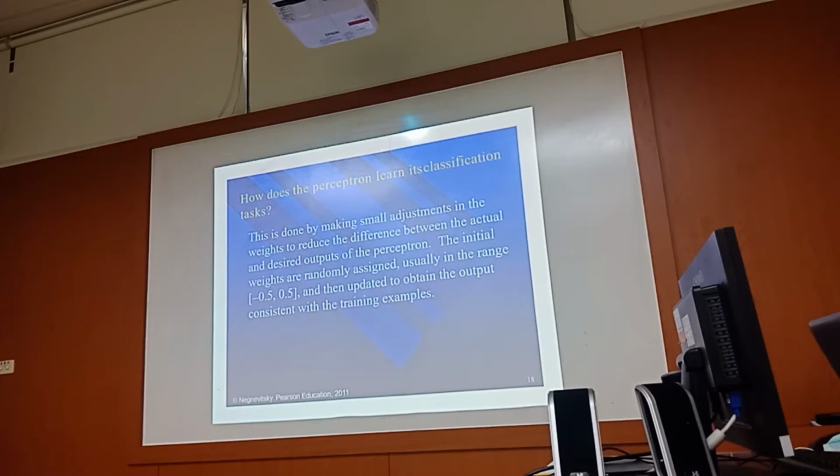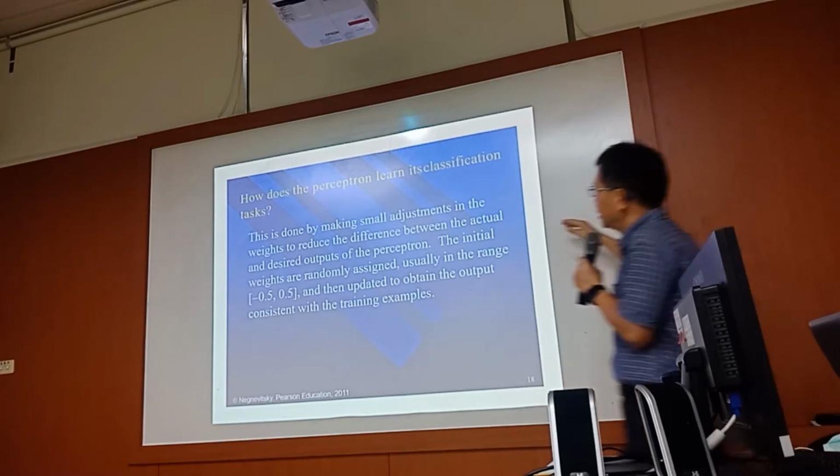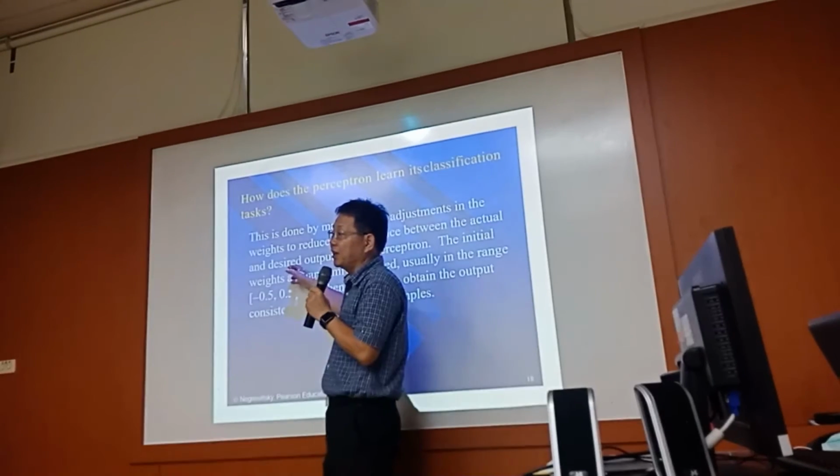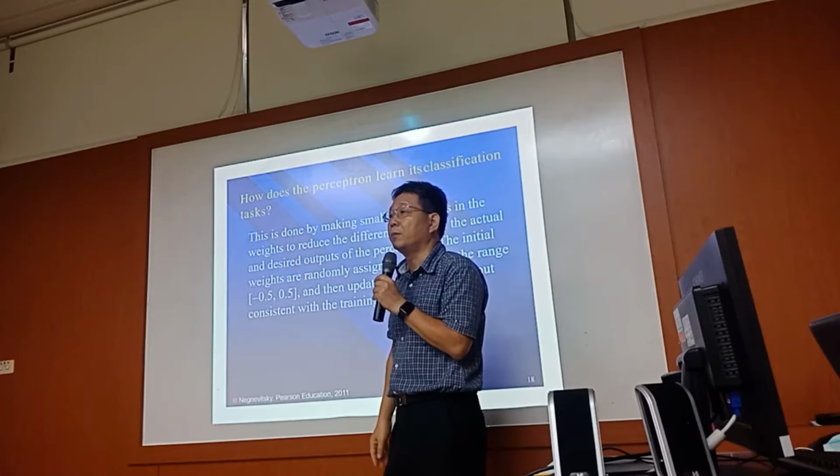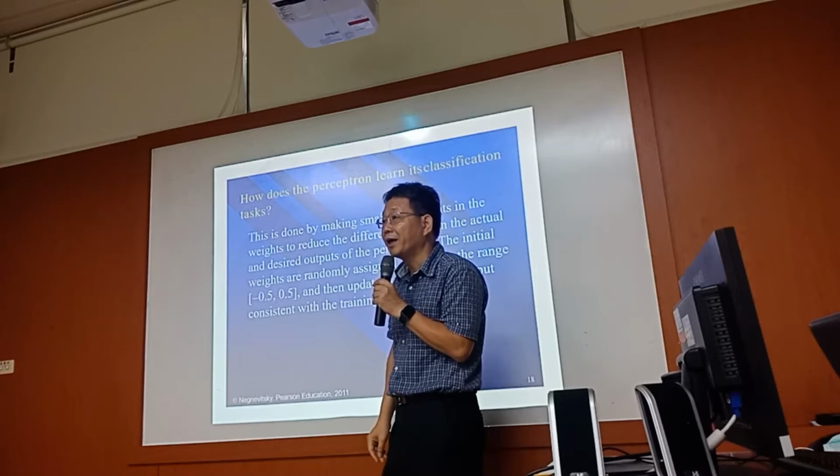In neural networks, gradient descent just hopes to find the minimal value. But in the neural network here, we do error reduction. But how to reduce your error? We hope the error is minimum, right?